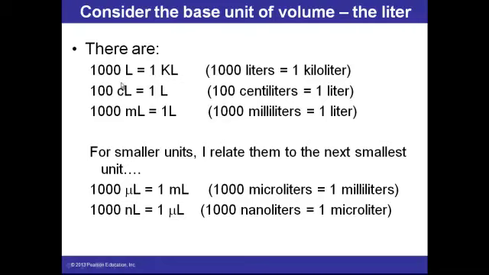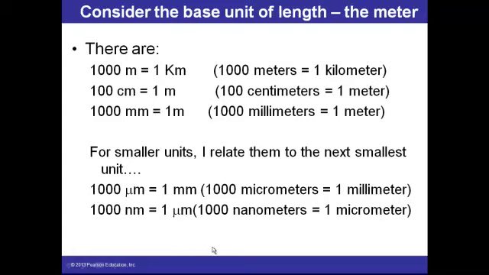So there's 1,000 liters in 1 kiloliter, 100 centiliters in 1 liter, or 1,000 milliliters in 1 liter. And then again, for the smaller units, I relate them to the next smallest unit typically. So there's 1,000 microliters in 1 milliliter, and 1,000 nanoliters in 1 microliter. And again, I think this makes it more friendly to utilize the conversions within the metric system.